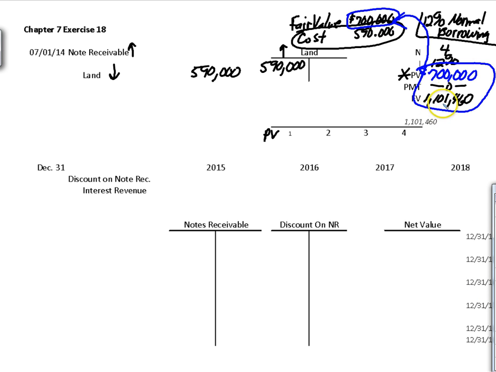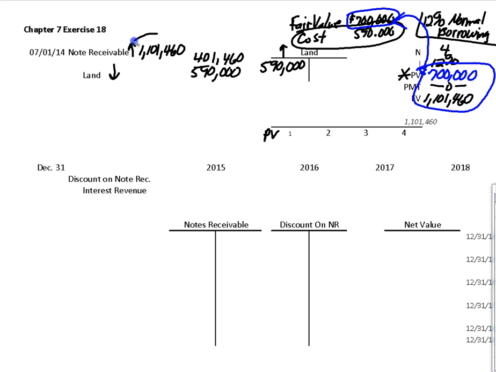Now, we're going to make it worth $700,000, but we're going to do it this way. We're going to put the face value of that contract, or that note, in the note receivable. But in order to get it down to $700,000, we need some sort of contra account that'll do that for us.